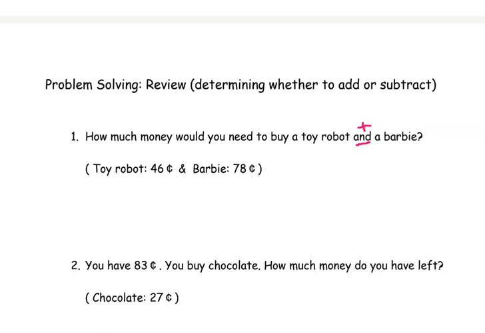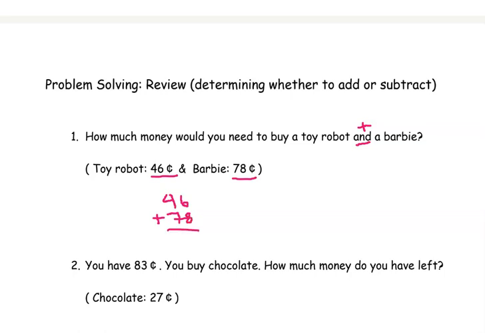So if the toy robot is 46 cents and then the Barbie is 78 cents, then we're supposed to add these two up. 46 plus 78.